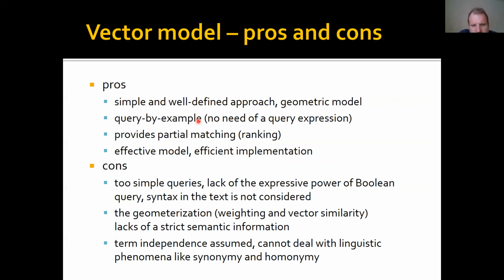We have also ensured the ranking because we are measuring the similarity, the cosine measure, and this serves us for sorting the documents from the most similar to the least one, from the most relevant to the least one, and therefore we get naturally a ranking. And therefore, if we have ranking, we can also easily control the size of the query result.